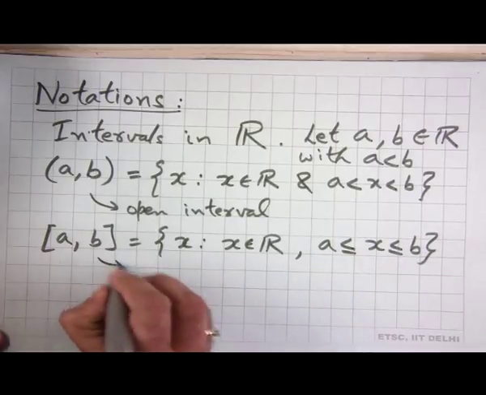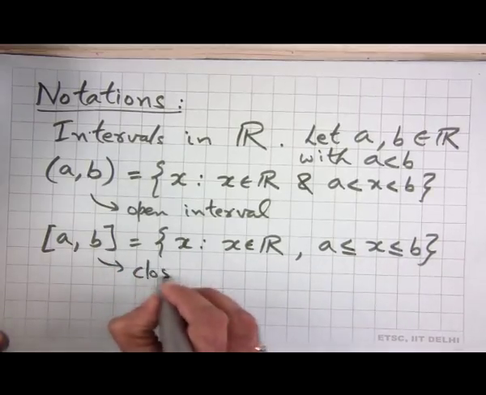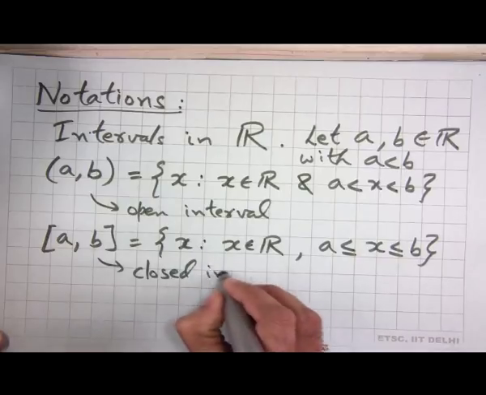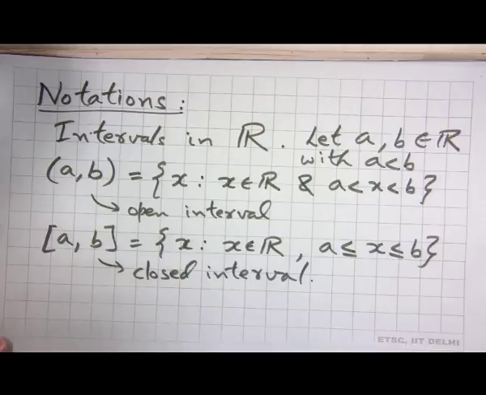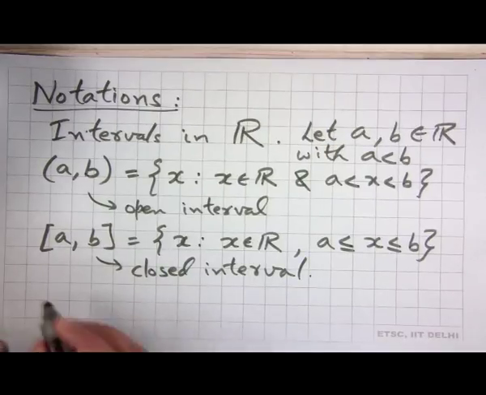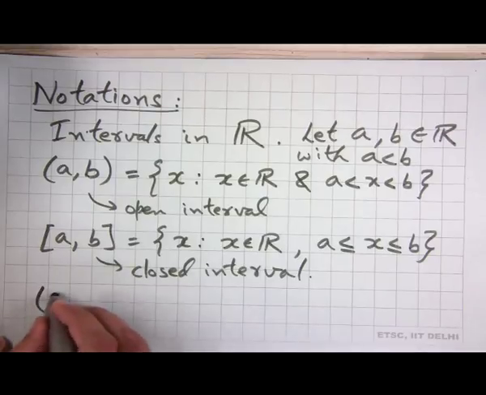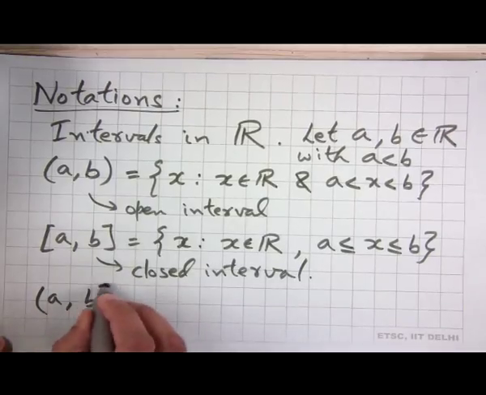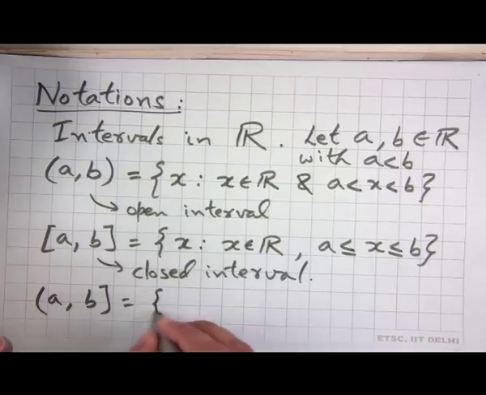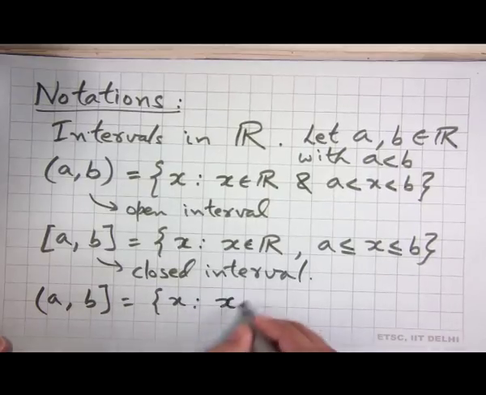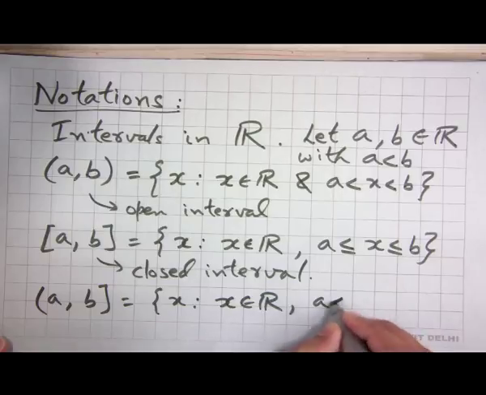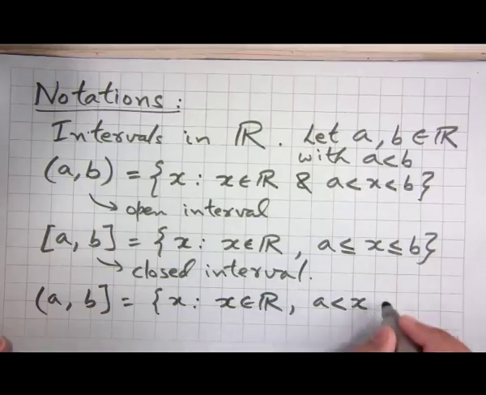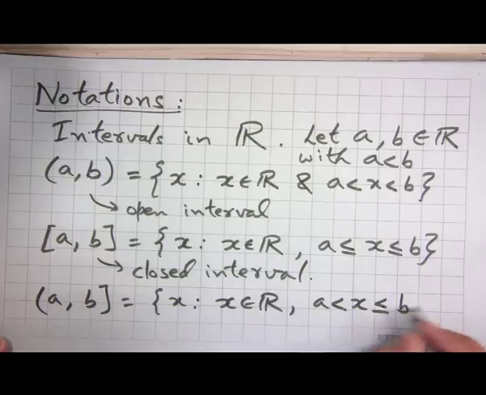This is a closed interval. And we also use half open or half closed intervals. (a, b] will mean x such that x is a real number and x is strictly bigger than a and less than or equal to b.